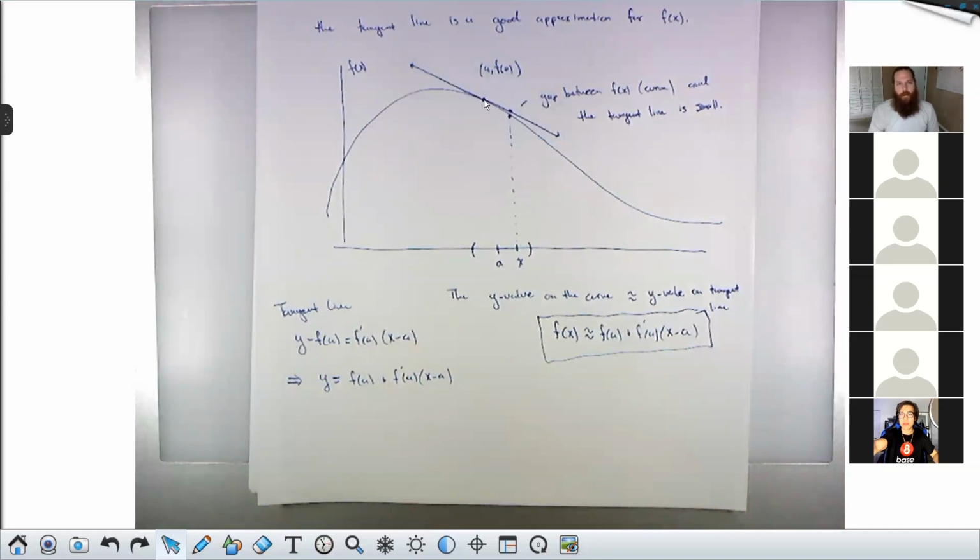Of course, the further you get away from the point of tangency, the less good that approximation becomes, the bigger the gap becomes. But as long as you stay reasonably close, the gap here will be very, very small. This is going to do a number of things. One of them is that it's going to allow you to approximate things like the square root of 2.